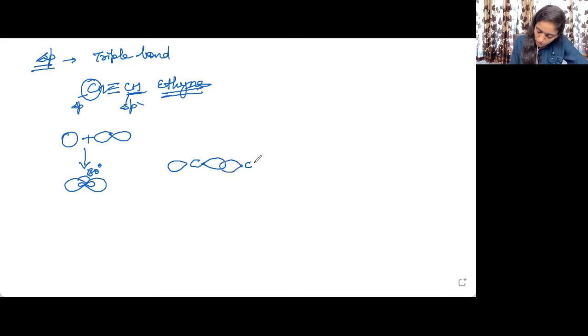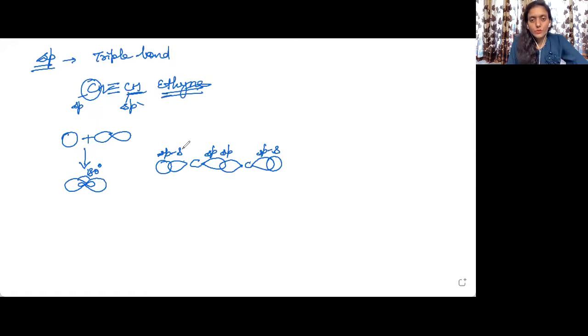And this is the sp hybridized orbital, one sp hybridized orbital and the other sp hybridized orbital. Now this is the hydrogen atom. So this is what we can call sp-sp bond. This is sp-s bond. This is also sp-s bond.